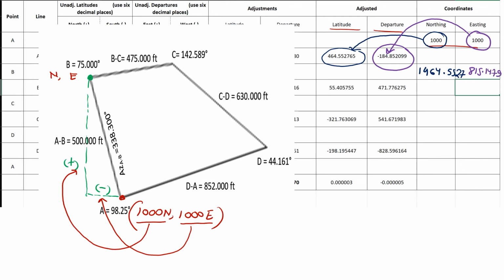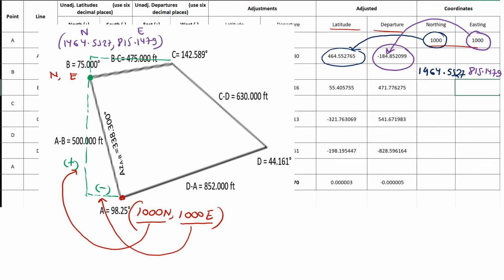Okay, so this is how you find the easting for point B. So this would be the 1464.5527 northern and 815.1479 easting.